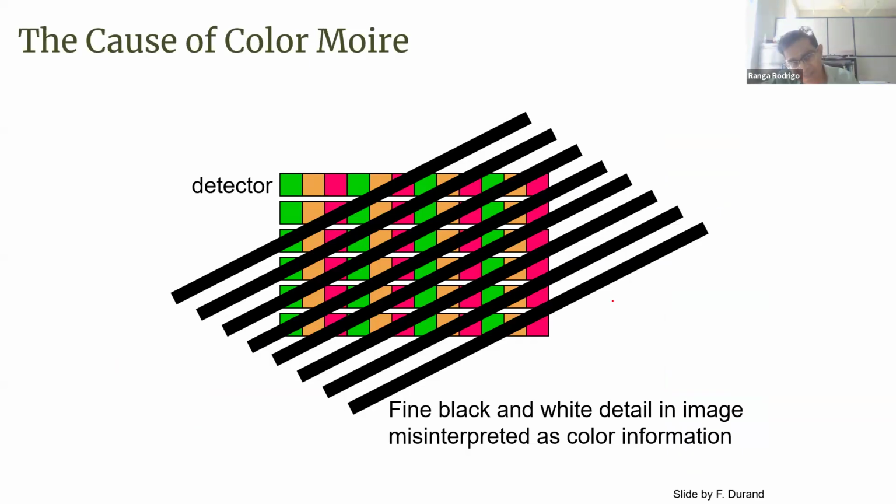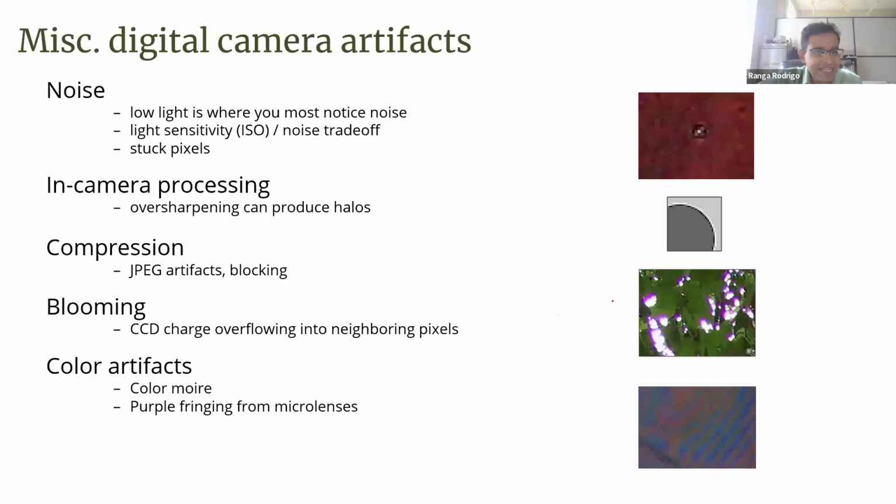So read about these things. They are not very much a part of this course because this is not a camera course and I don't know about cameras too much also. So, miscellaneous camera artifacts. Noise is there in low light. When there's low light, you notice noise. Then you usually increase the ISO. Then there are stuck pixels that cannot be changed. These are manufacturing faults.